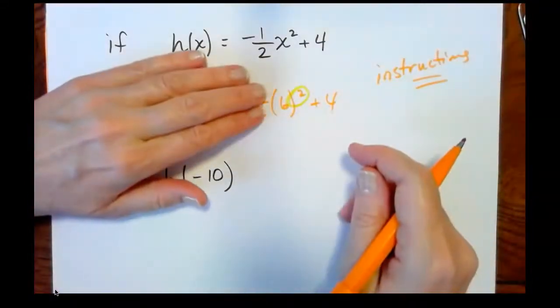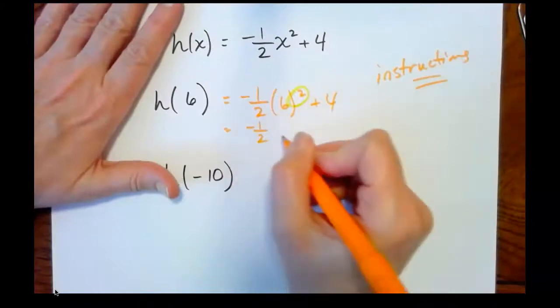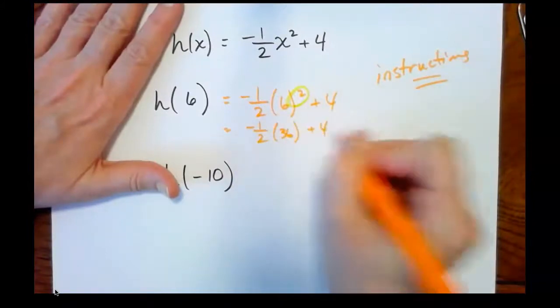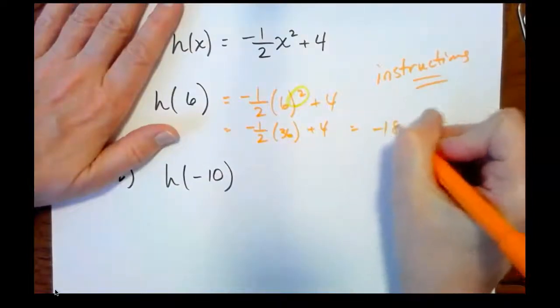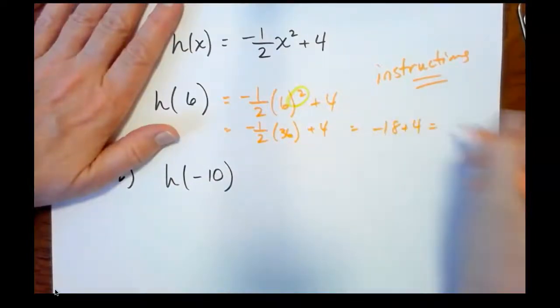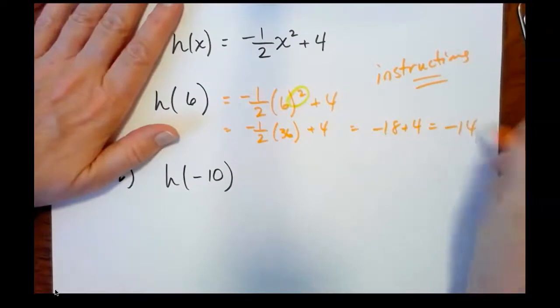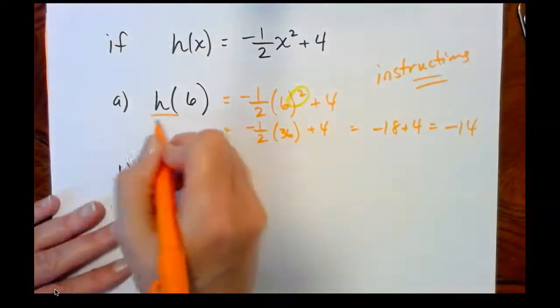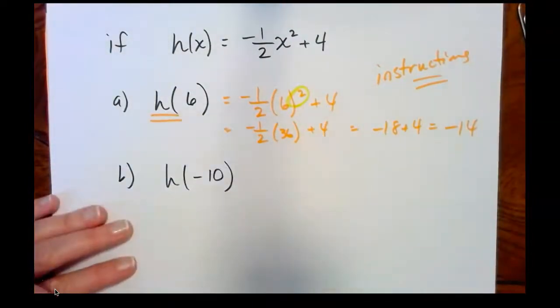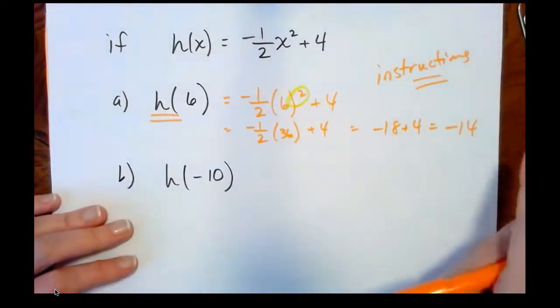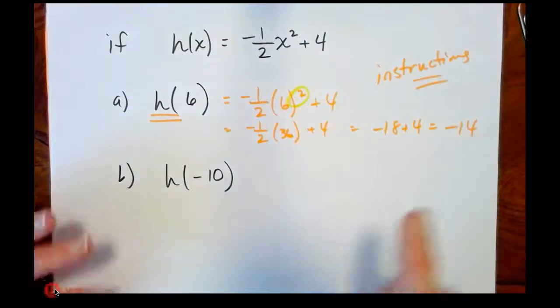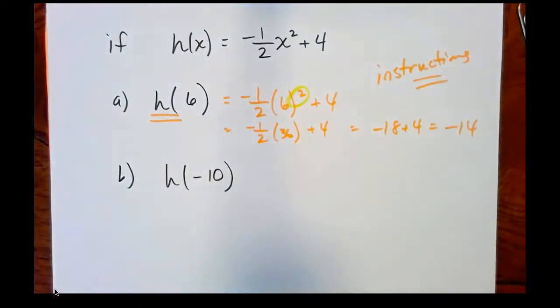So 6 squared is 36. So -1/2 of 36 plus 4. -1/2 of 36 is -18. And -18 plus 4 is -14. The value of the h function when x equals 6 is -14. It's just a simple evaluation.